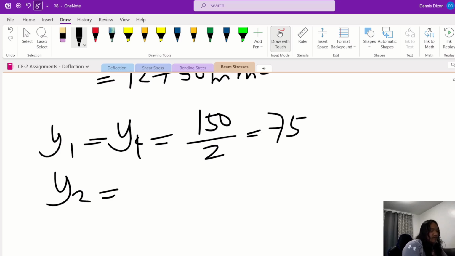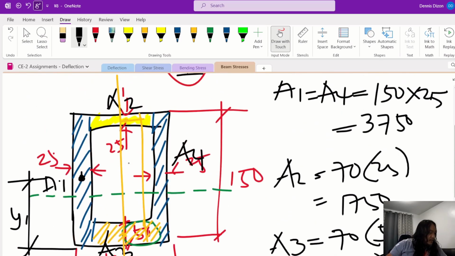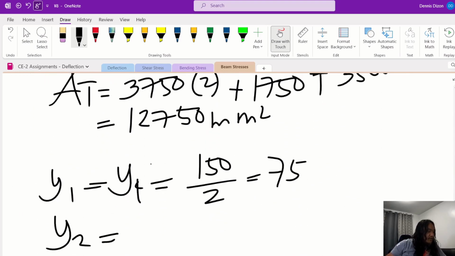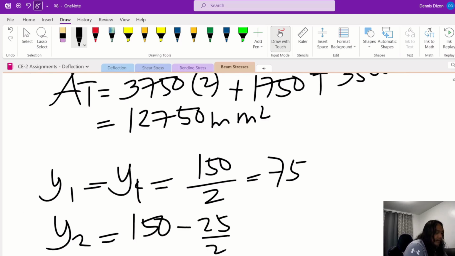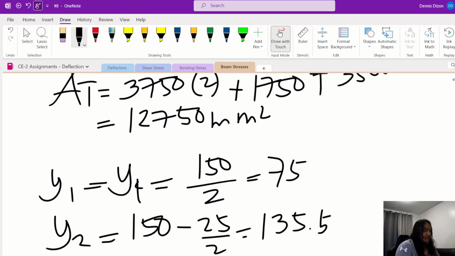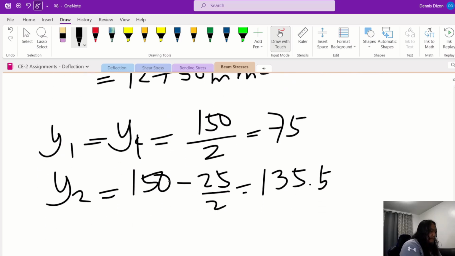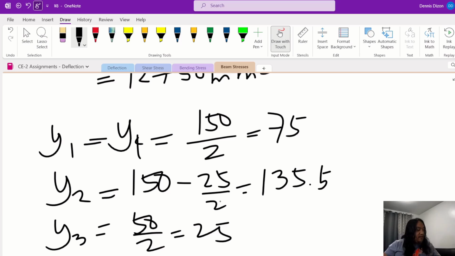Then y2 is the one for area 2 above, so this is 150 minus 25 over 2, which is 137.5. And then y3 is 50 over 2, that is 25. So we already have that one.